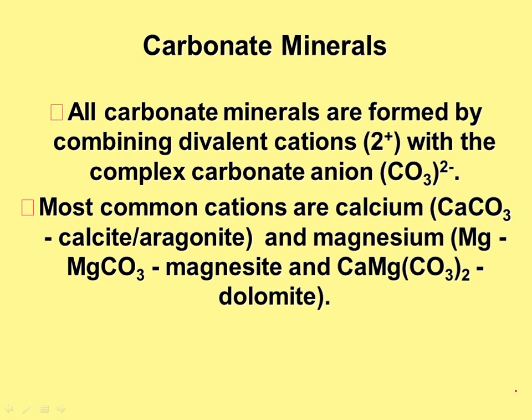The most common of the divalent cations are calcium and magnesium, which combine to give you calcium carbonate, which is going to be either calcite or aragonite, a polymorph of calcium carbonate. And you have magnesium carbonate either in the form of magnesite or dolomite, shown by this formula right there.